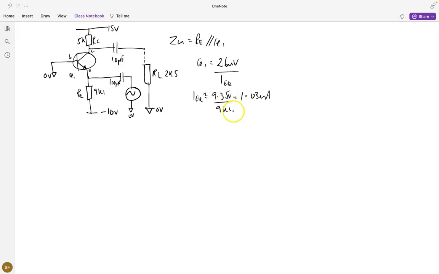So that's ohms. Okay, so based upon that we can establish what our input impedance will be.